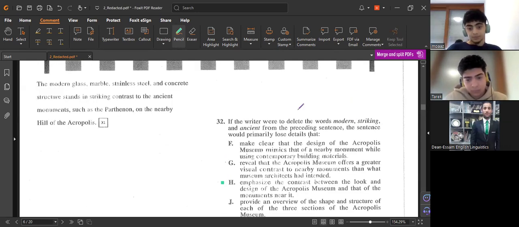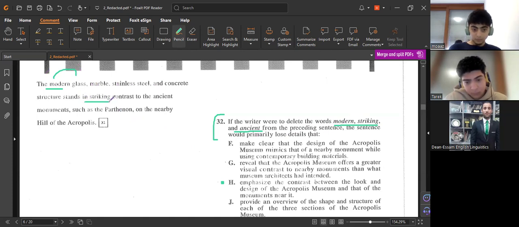Why? Check the sentence. Here it's a specific task question. Your answer is in the question. If the writer were to delete the words modern and striking and ancient from the preceding sentence, what will we lose? We will lose the meaning of the sentence, not the meaning of the words. Now go and check the whole sentence. If you delete modern here, you will lose the adjective of what kind of class, for which stage, for which age.